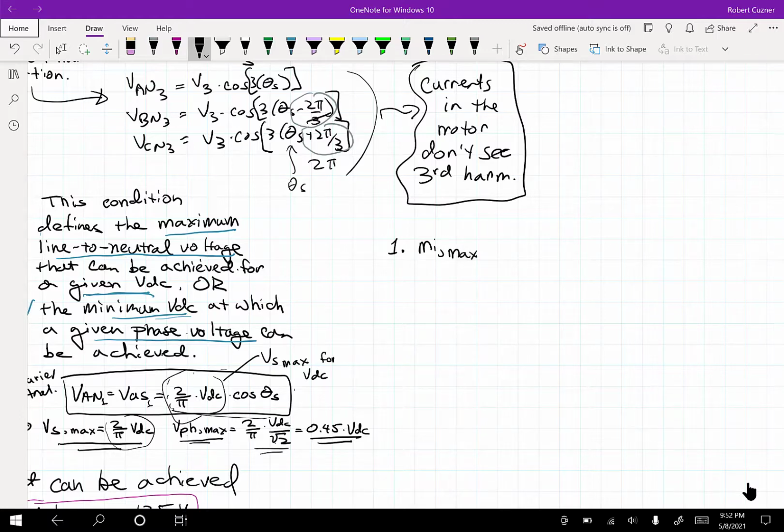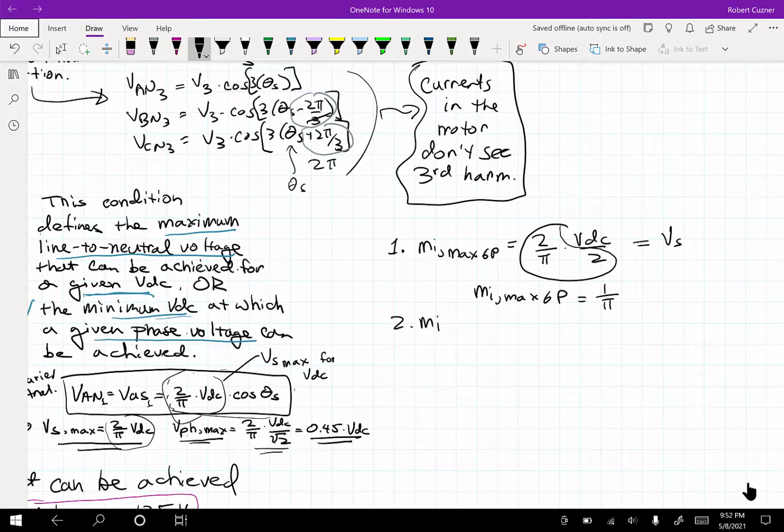And so we have a max, let's say max 6 pulse modulation index. That is actually going to be 2 over pi times VDC over 2, being equal to VS. And so this would be that modulation index. So what is that? MI max in 6 pulse. It's 1 over pi.